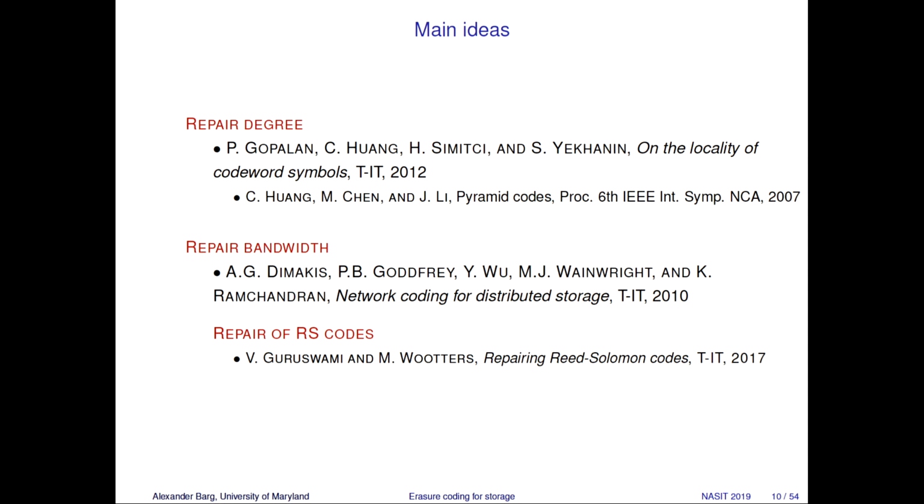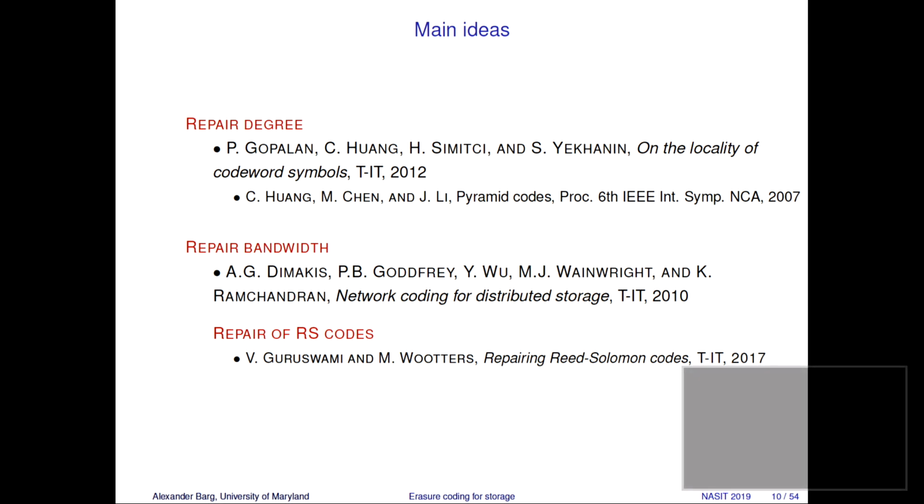Repair bandwidth is the same as network communication, so that is the second metric. Repair degree, repair bandwidth. And that was isolated in a foundational paper by Alex Dimakis and co-authors, Transactions on Information Theory 2010. And again, a large volume of work, and yesterday in the poster session, there were quite a few devoted to the variations of these basic questions, so this is still a living and developing direction.